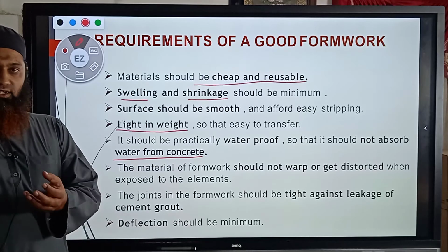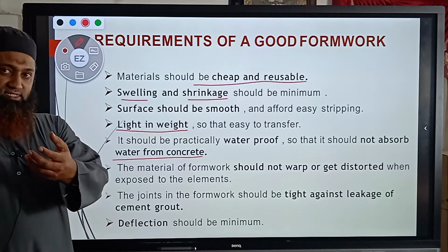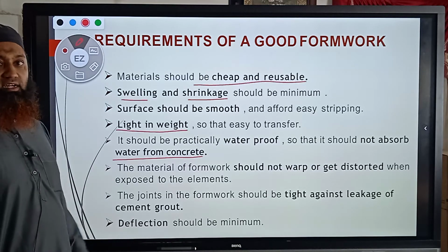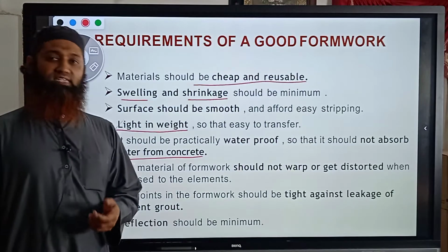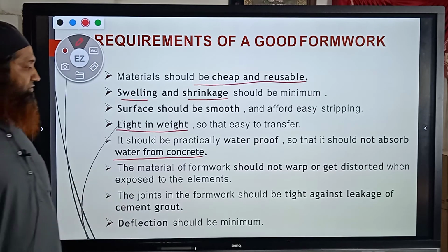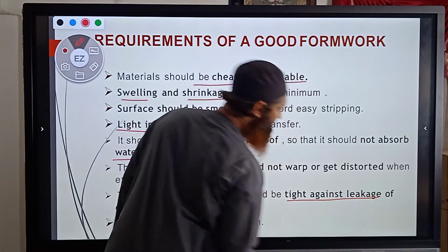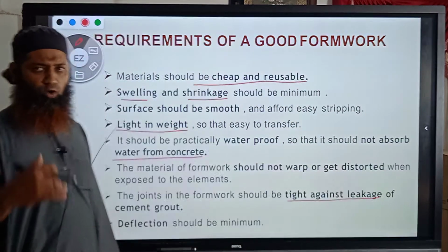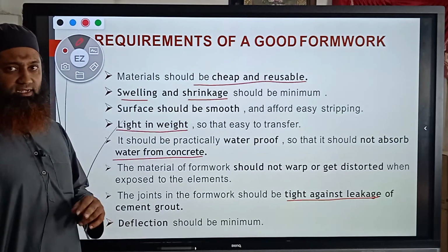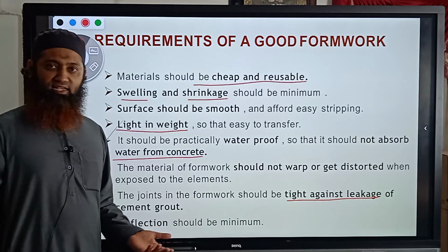The amount of cement which we have poured into the concrete is oozed away, and because of that the structure loses its strength also. So it is very important that the formwork shouldn't have leakage also. Sometimes when the formwork becomes old, there are high chances of leakage at those places. So we should see that formwork should be tight against leakage also.